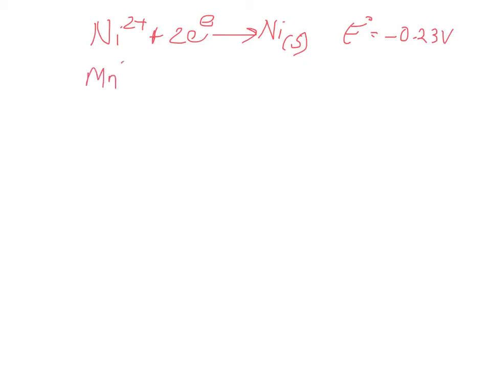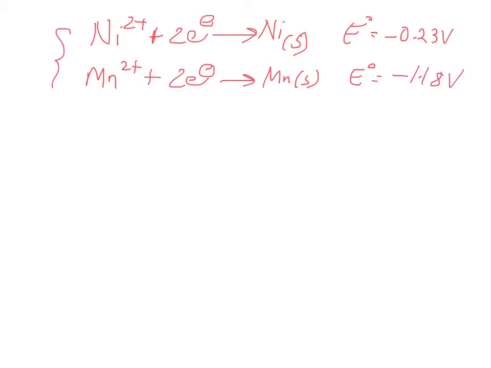Let's say I have nickel 2 plus, which is reacting with 2 electrons to give you nickel solid, and E0 is going to be equal to negative 0.23 volts, and then we have Mn2 plus plus 2 electrons, which gives you manganese solid, and E0 here is going to be negative 1.18 volts.